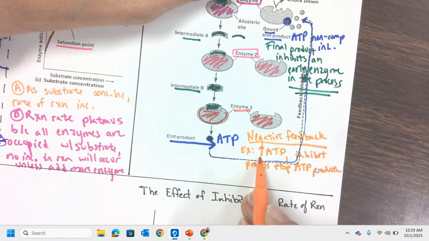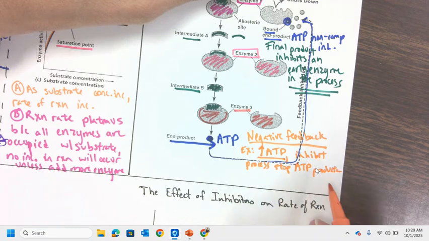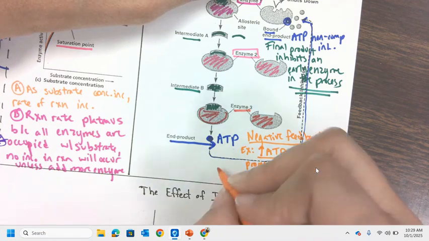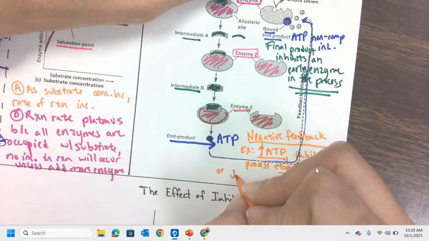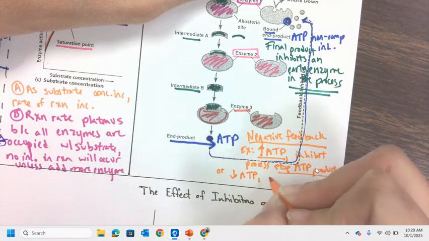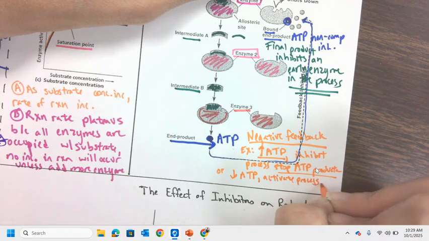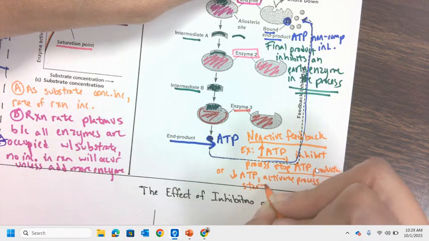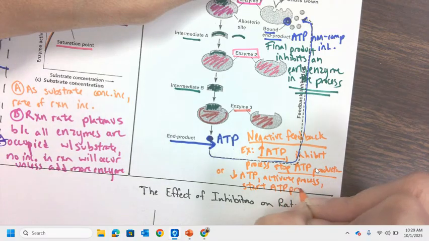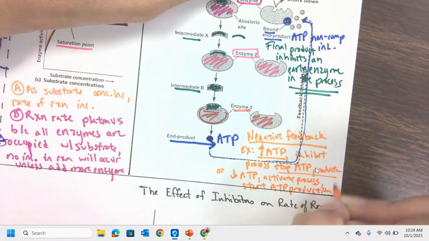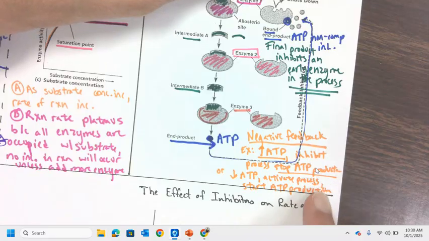So you start with too much ATP and your end result is stopping ATP production. Or you don't have enough ATP, you activate the process to start ATP production. Both of these are examples of negative feedback, right?